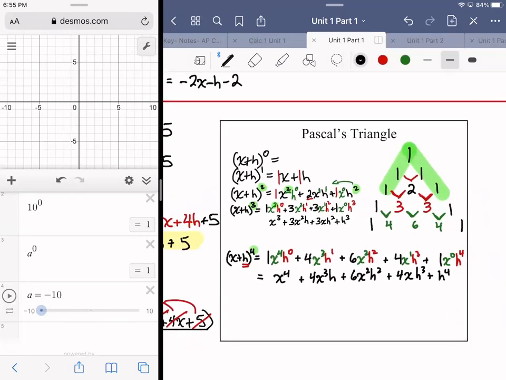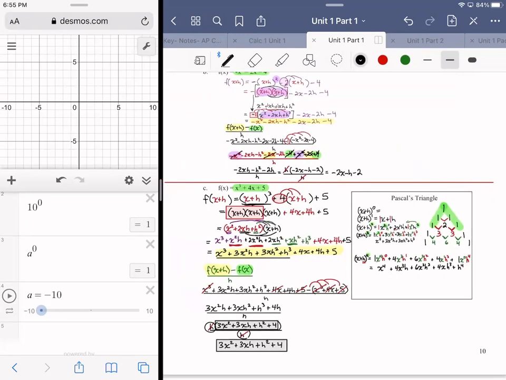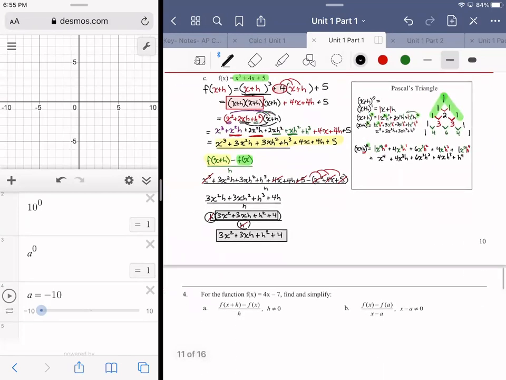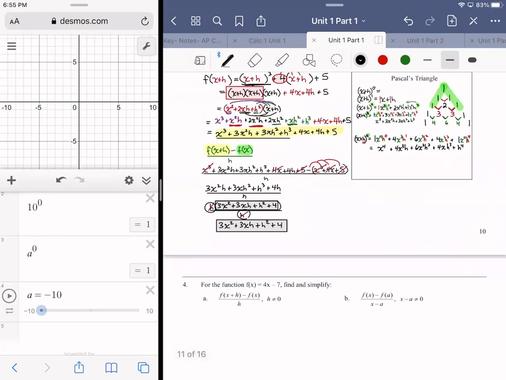So on the next page, we've got a couple more examples, but the good news is, well, good news, bad news. One of them's really easy because it's a linear function. This is what we were talking about before.